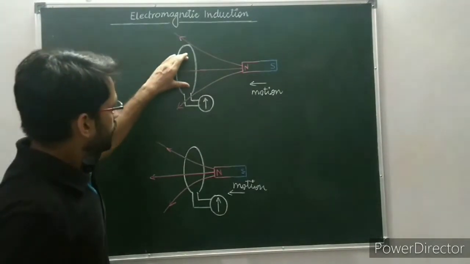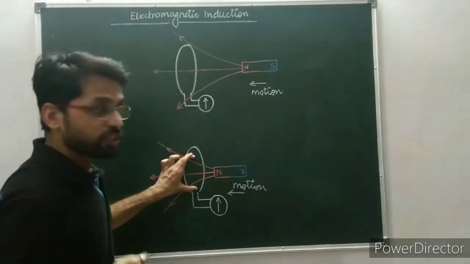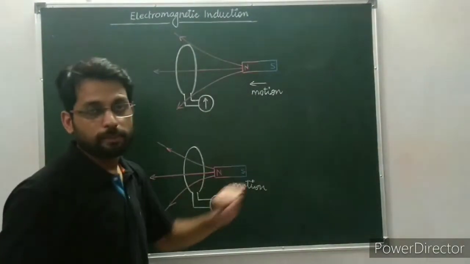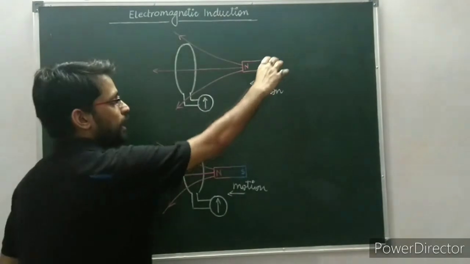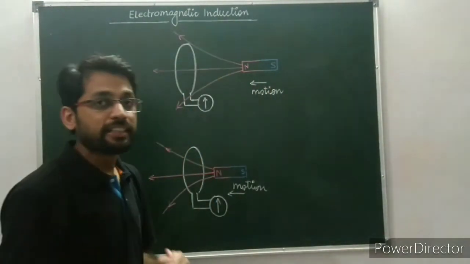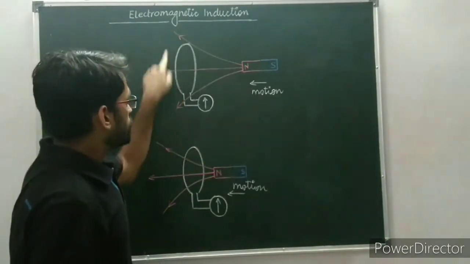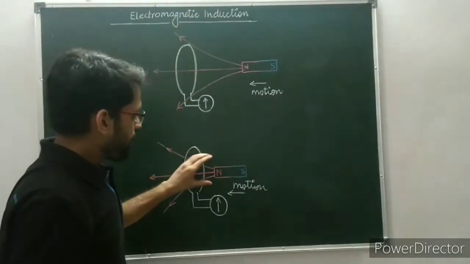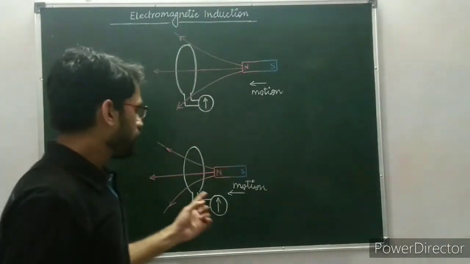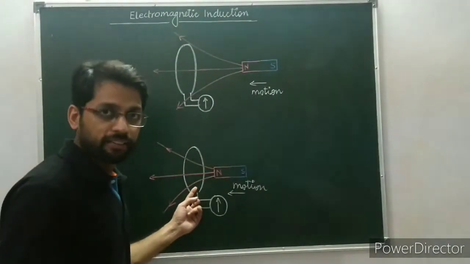So the magnetic field lines change during the motion of the magnet. When the magnet approaches the loop, the magnetic field lines crossing the loop increase, and when the magnet moves away from the loop, they decrease.